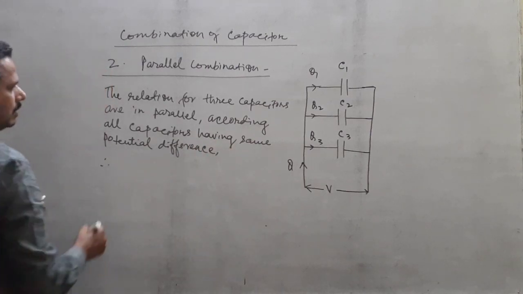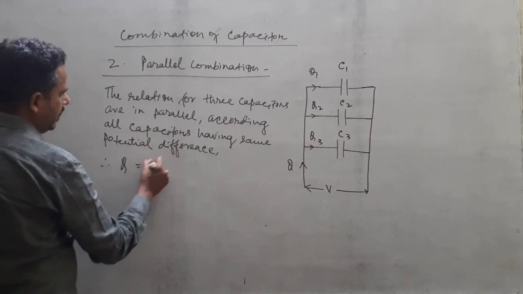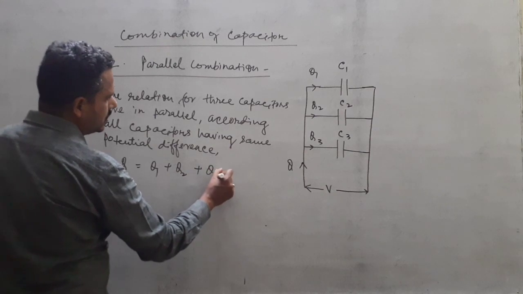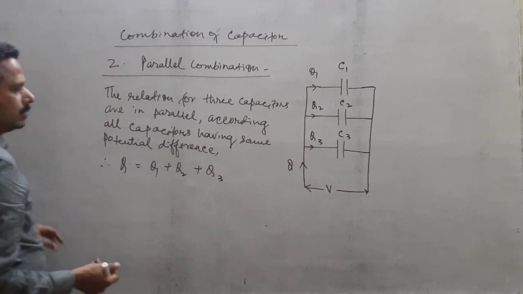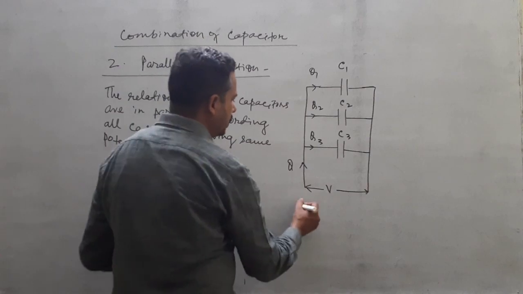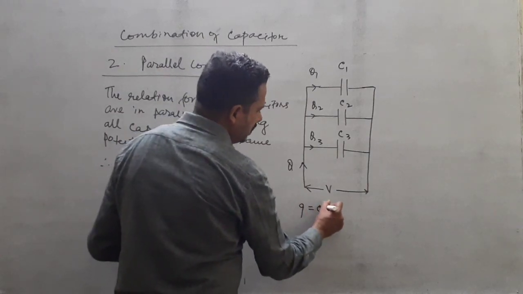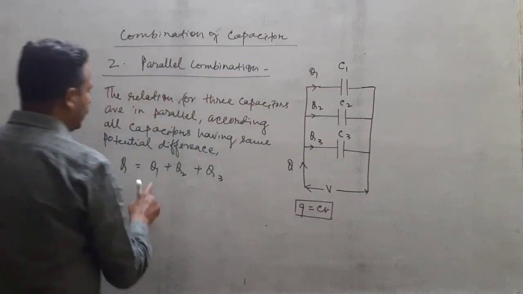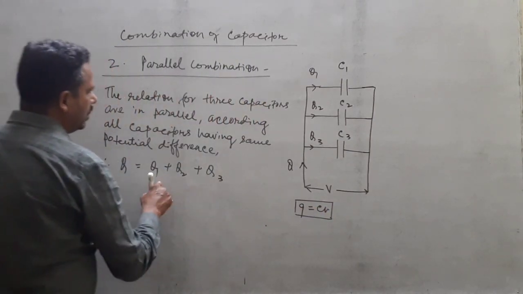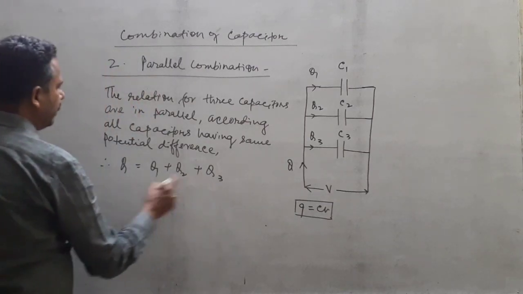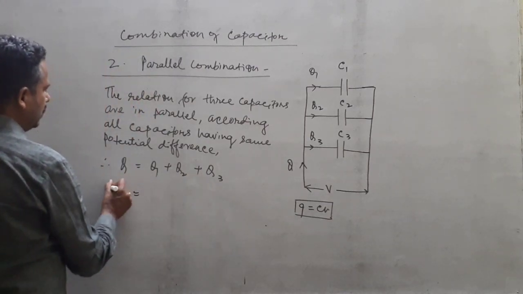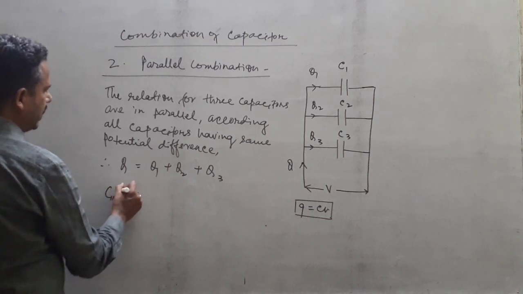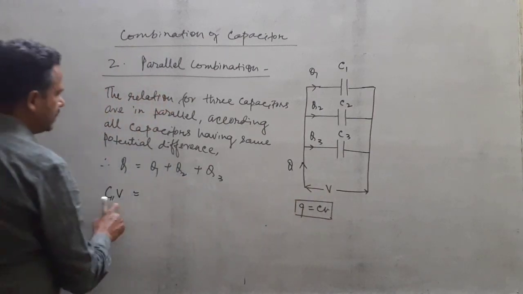Therefore, Q is equal to Q1 plus Q2 plus Q3. Now the relation you have to use is Q equals CV, and you can put in the value of each one, Q1, Q2 and Q3. So Q is equal to the net capacitance in parallel times the net potential V, so this one is CV.